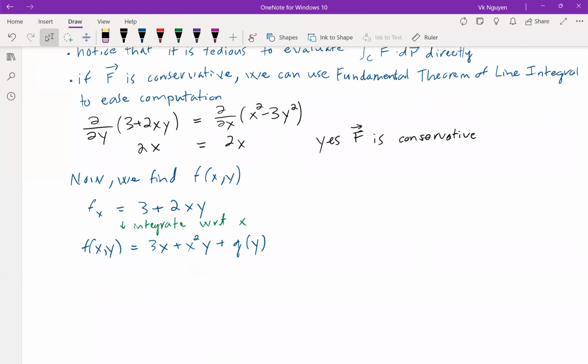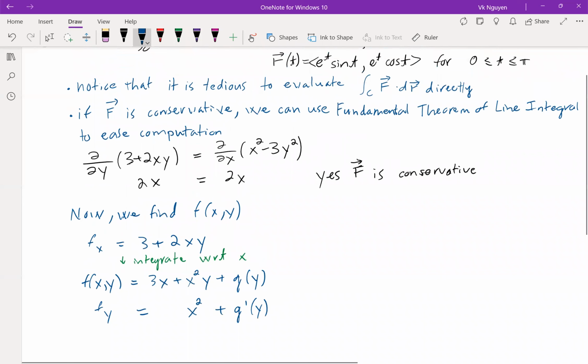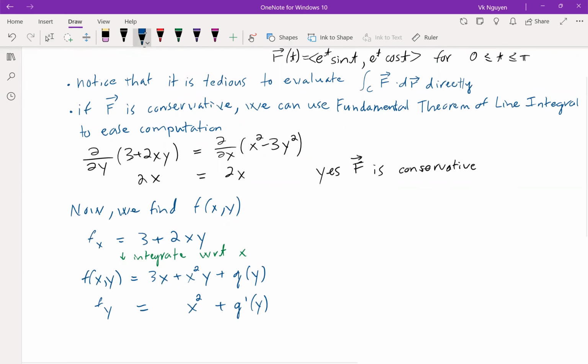Like fy is x squared plus g prime of y, and then you've got to set it equal to x squared minus 3y squared from the vector field.